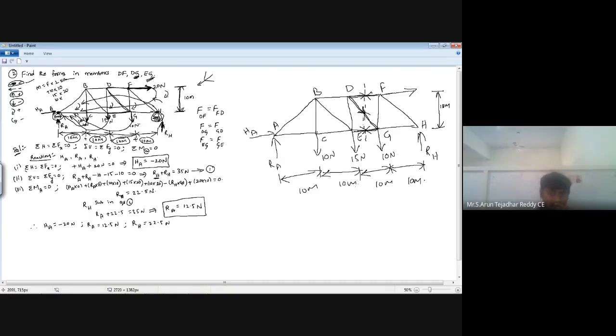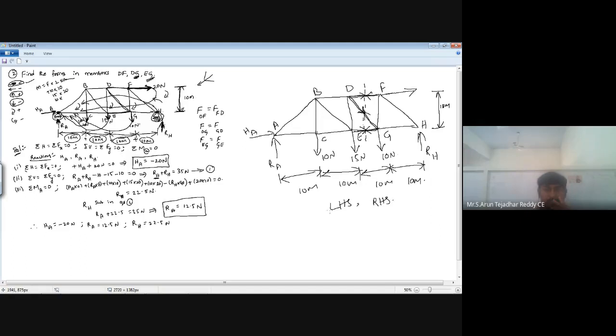Next, after completion of cut the section, try to draw the diagram of this truss, that is the free body diagram, left side part as well as right side part, and consider any one part. Either it may be LHS or RHS.